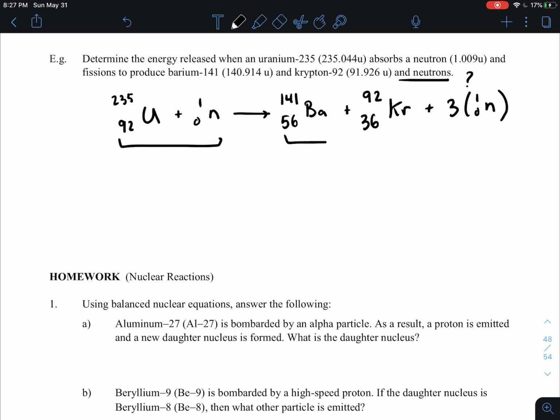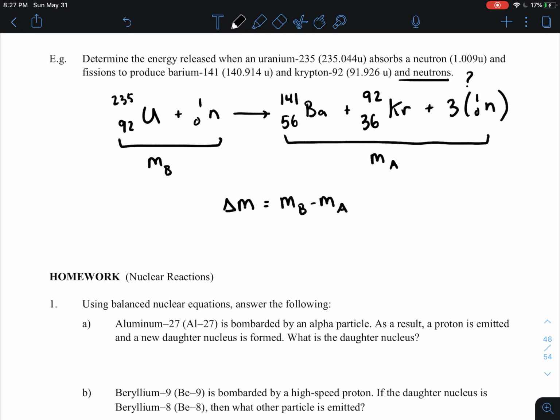All right, so I want to find the mass of this. What is the mass here, and then what is the mass here? So mass before, mass after, and then I want to find the change in mass. In this case we should have lesser mass after, so I'm actually going to say mass before minus mass after.